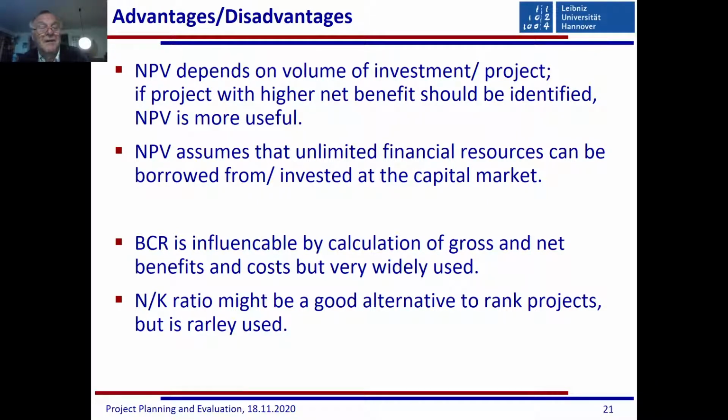The NPV assumes that unlimited financial resources can be borrowed, and that it can be invested in the capital market. This is what we did in this example with the supplements. We assumed that we invested in the capital market, because what else should we do?